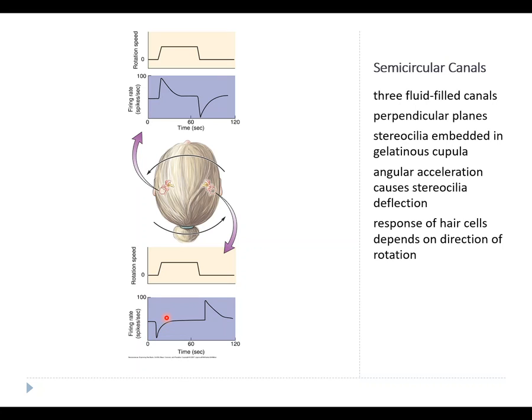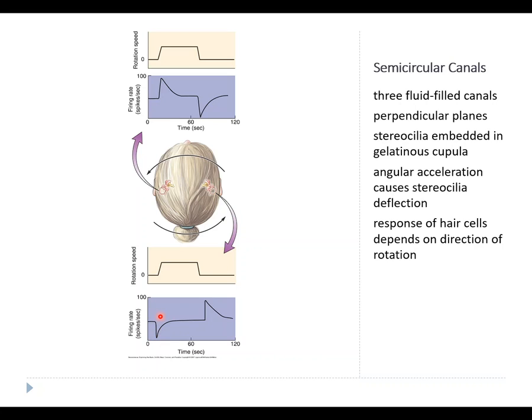One thing that's important is that these neurons have a baseline firing rate. Even when you're standing still, they're still firing at a baseline rate. So when you rotate to the left, that increases the firing rate of the neurons on the left, but it decreases the firing rate of the neurons on the right.